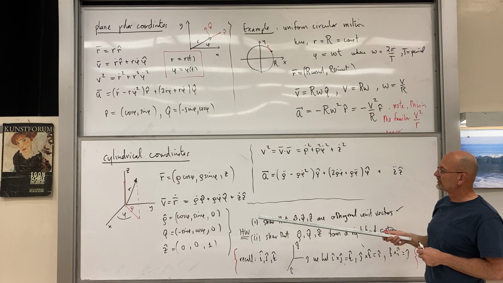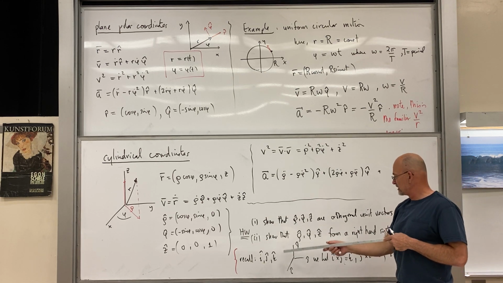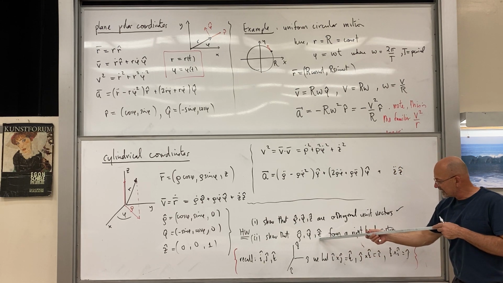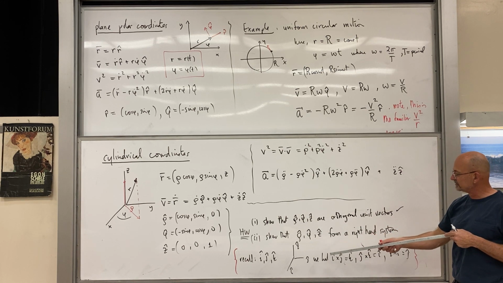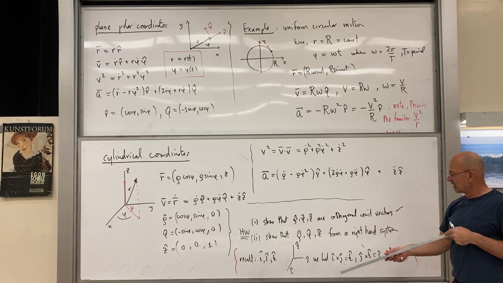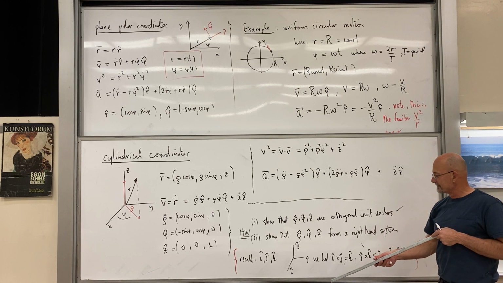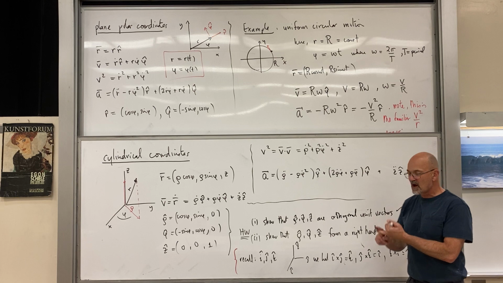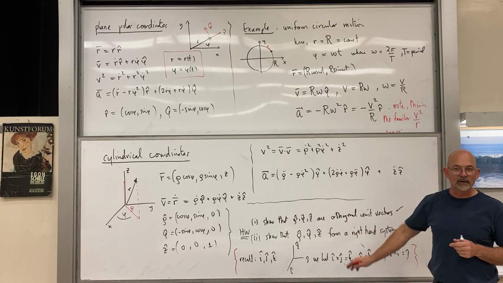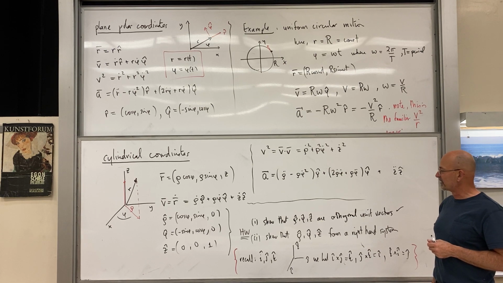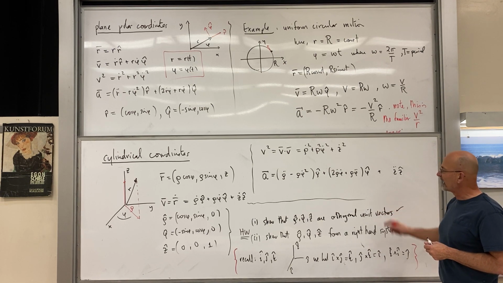So rho hat cross phi hat should be equal to z hat and cyclic. So they form a right-hand system, you do them cyclically. Okay. So yeah, when you have unit vectors, orthogonal, right-hand system, then everything just works automatically in terms of the vector properties. Good, so that's a homework.